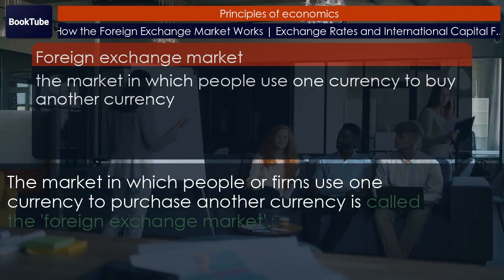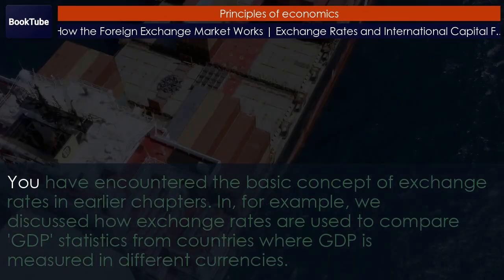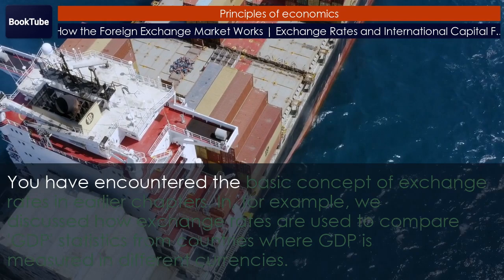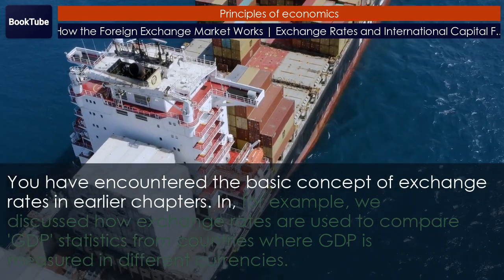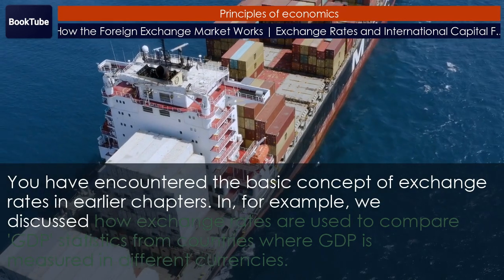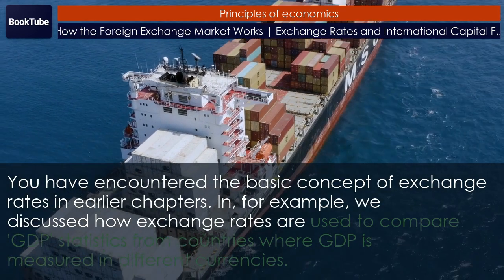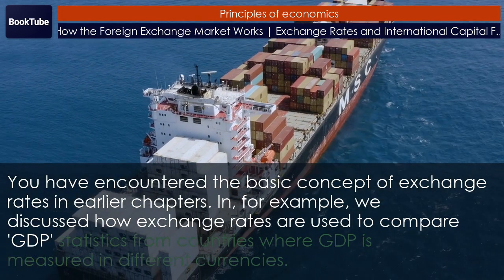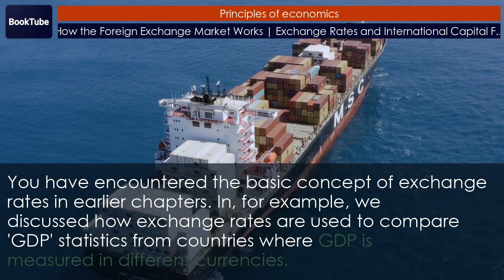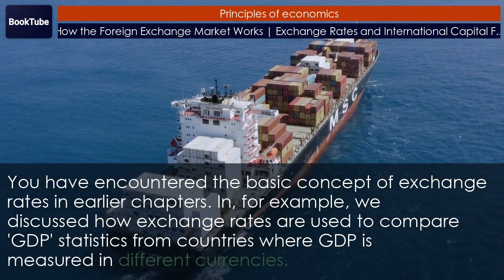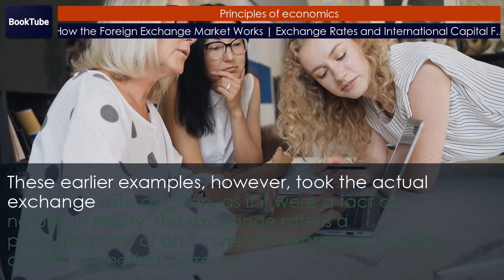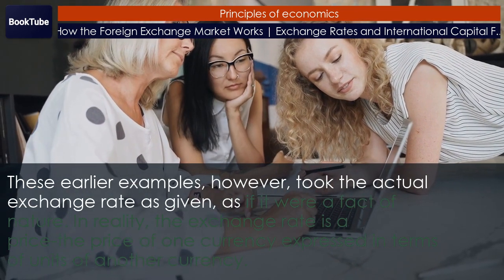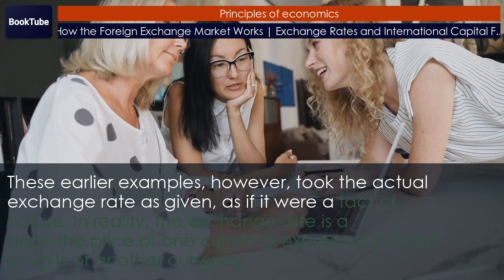The market in which people or firms use one currency to purchase another currency is called the foreign exchange market. You have encountered the basic concept of exchange rates in earlier chapters. For example, we discussed how exchange rates are used to compare GDP statistics from countries where GDP is measured in different currencies. These earlier examples, however, took the actual exchange rate as given, as if it were a fact of nature.